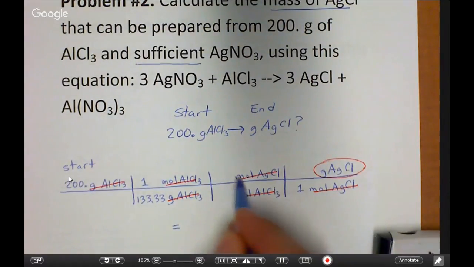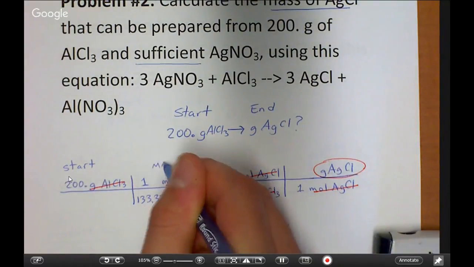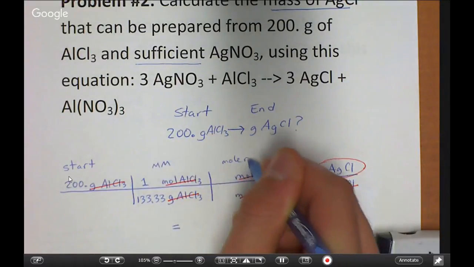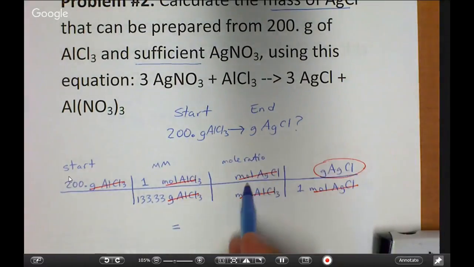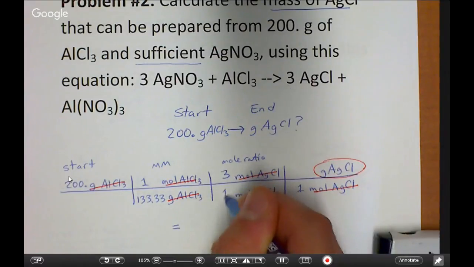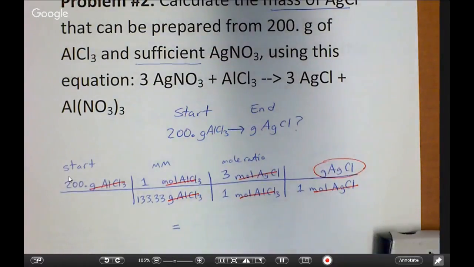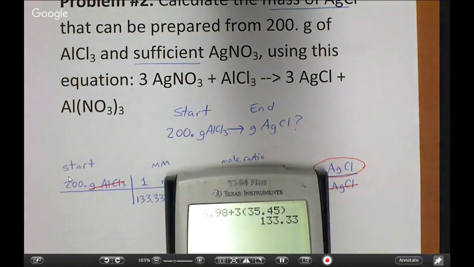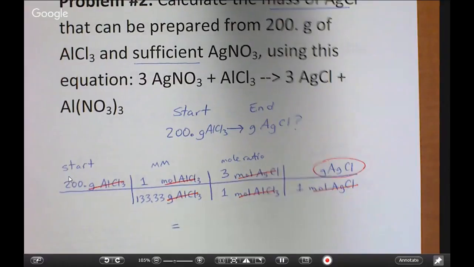Next, we have our coefficient ratio. According to the balanced equation, there are 3 moles of silver chloride for every 1 mole of aluminum chloride. And last but not least, we have the molar mass for silver chloride, 107.87 plus 35.45, 143.32.